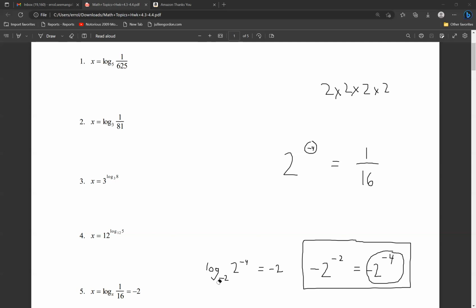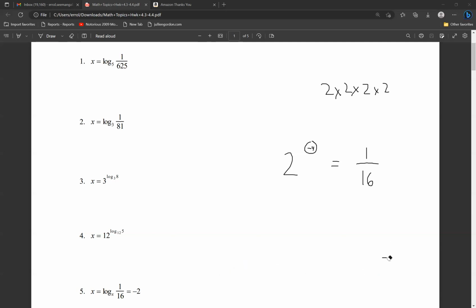log base x of 1/16 equals -2. I think the first way we did it made more sense. All right, let's try this again. log base x of 2 to the -4 equals -2.